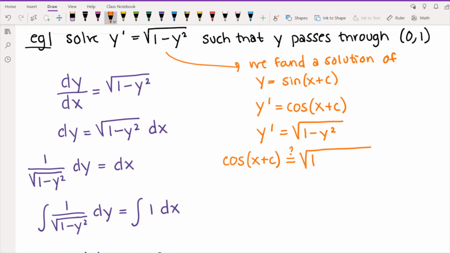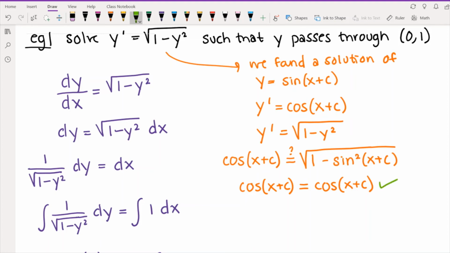So we would have 1 minus sine squared of x plus c. And the left and the right hand side are equal, right? Because of the Pythagorean identity. So we would get cosine on the left hand side and cosine on the right hand side because of that identity.